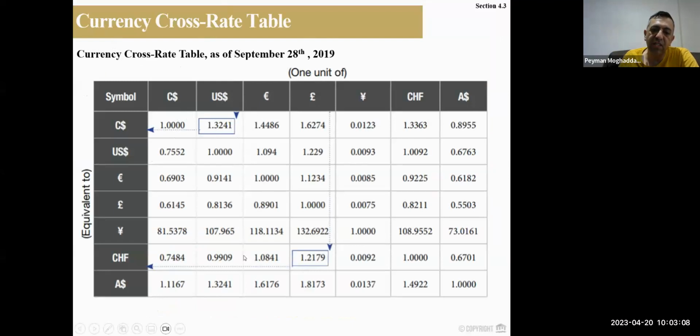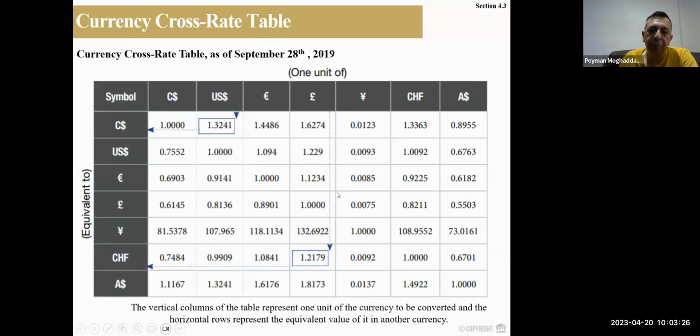Every day this table can change, and we can use it to convert one currency to another. For example, one British pound is going to be 132.6269211 yen, that's Japanese yen. That's how we read this table.